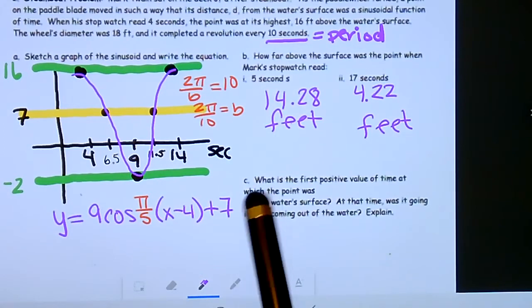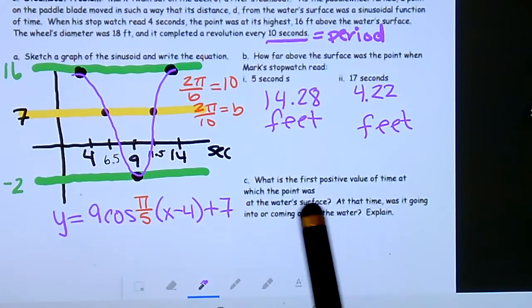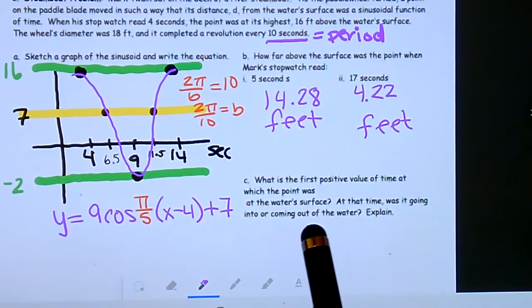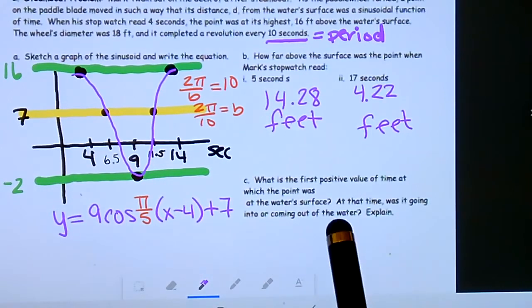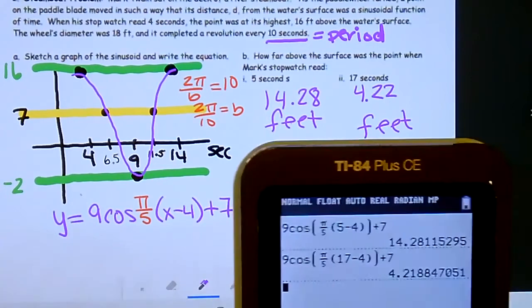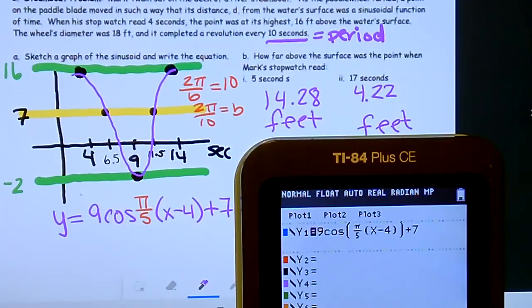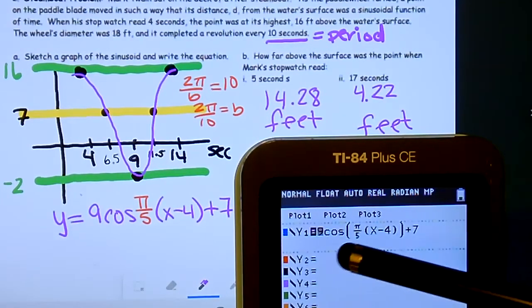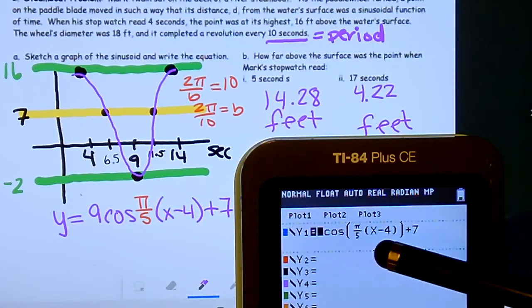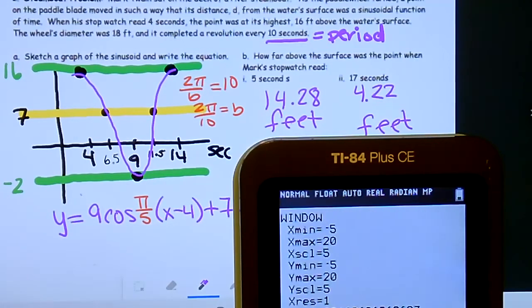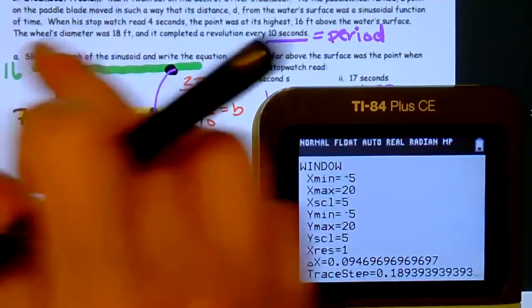Now on C, it says, what is the first positive value of time at which the point was at the water surface? At that time, was it going into or coming out of the water? Explain. Okay, so I'm going to put it into my calculator, into the y equal. I typed in the equation, being careful of my parentheses. I'm going to hit window, and I'm going to adjust my window so it looks like this graph.